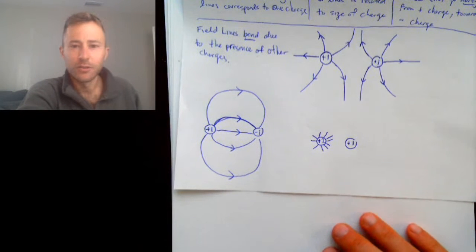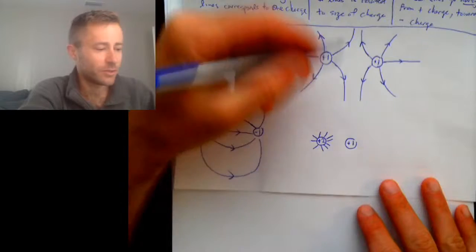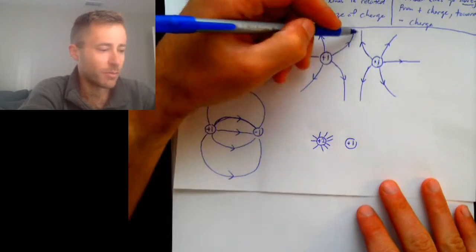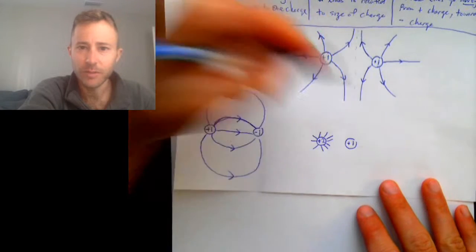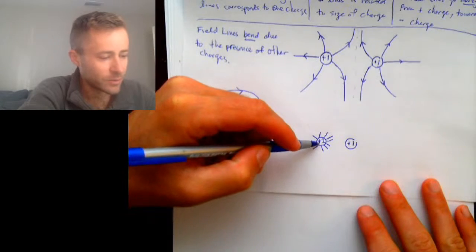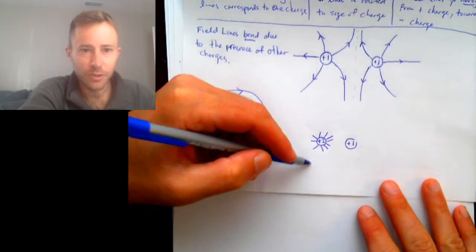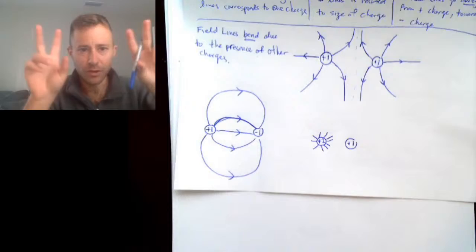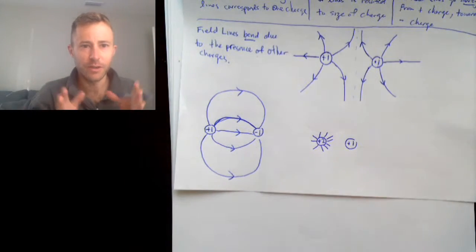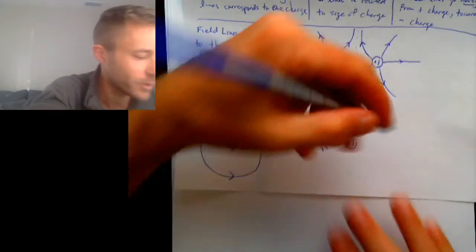Okay? So what happens in this case is, see how it's +1 to +1? So it's equally balanced, like this is a line of symmetry. Because this is a +2, its field lines are going to dominate the other one, which means that they go straight for longer before they start to bend.